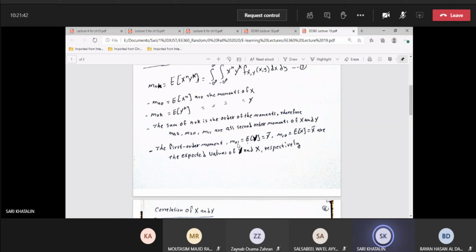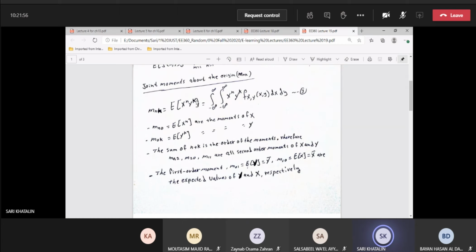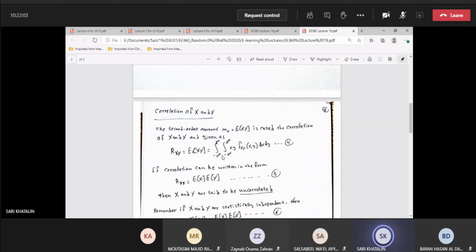So the first order moment, either 0, 1 or 1, 0, would be the expected value of x or y. But the second order moment is either 0, 2, 2, 0, or 1, 1. So if you set k to 1 and n to 1, and you do the integration, you end up with a second order moment.